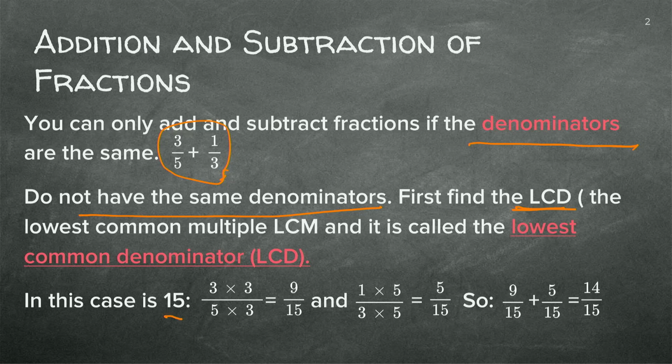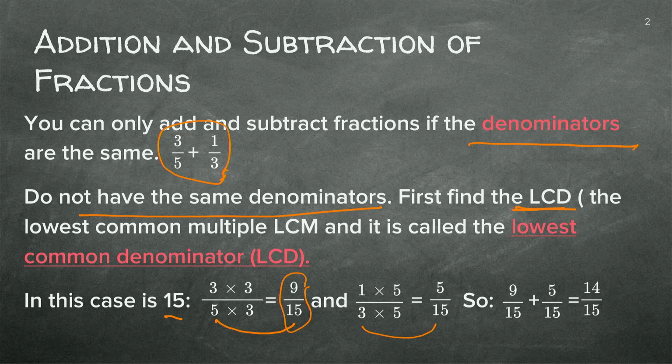Okay. So then we're going to say 3 over 5. In order to get from 5 to 15, we multiply the denominator by 3 and we multiply the numerator by 3. And that will give us 9 over 15. And then on the other side, the third, in order to get from 3 to 15, we have to multiply the denominator by 5 as well as the numerator.